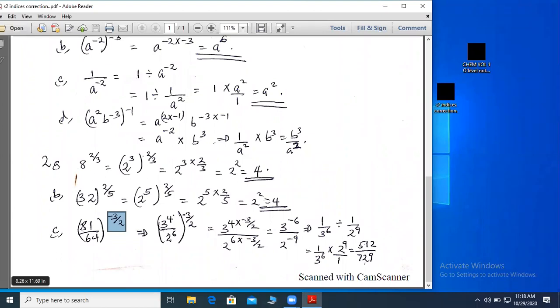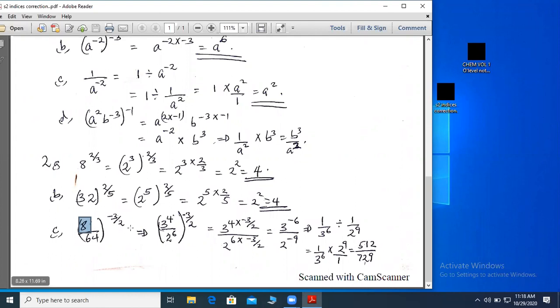If the denominator is 8, then there is a number that is multiplied 8 times to get the base. So here the denominator of the power is 2, so it means 81 has a square root, a number that is multiplied 2 times to get 81.